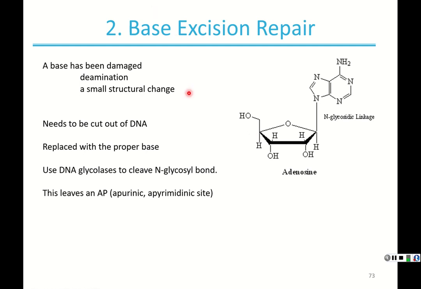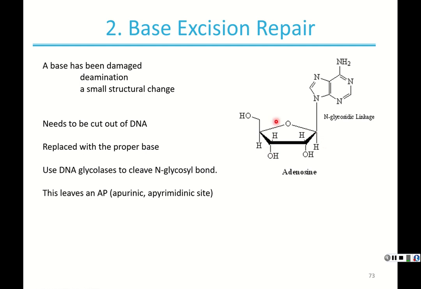Method 2 is base excision repair. So actually cutting out a damaged base. So when a base has been damaged, either from losing an amine group or other small structural changes, it needs to be cut out of the DNA and replaced with the proper base. And the enzyme used for this is DNA glycosylase, and that cleaves the N-glycosidic linkage.